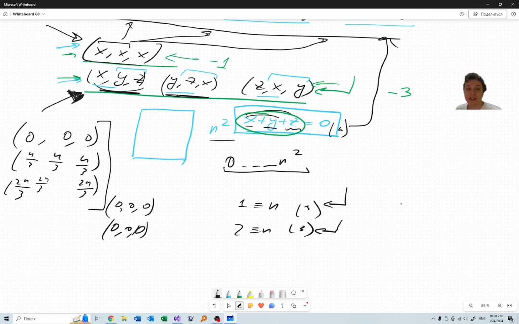So you can get any number which is 1 modulo 3, for example. You can get anything which is 1 modulo 3, and 0 modulo 3. But there are questions about how to get 2 modulo 3.